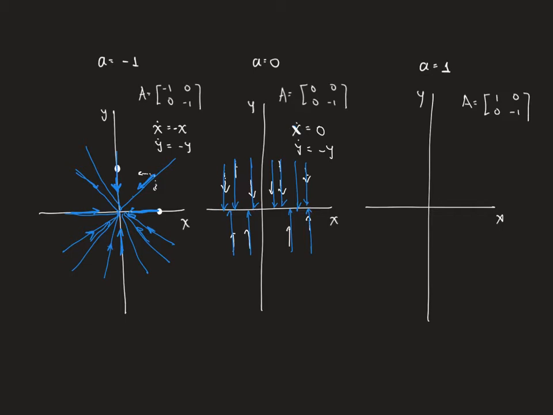Okay, now let's finish with this one. This is x dot equal x, y dot equal minus y. Again, we do the same thing. We put our selection here, in here, in here, in here. And now let's draw some arrows. So what do you think is going to happen? If I choose this point, is it going to move to the right or to the left?